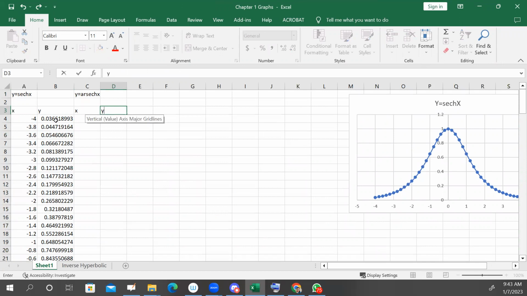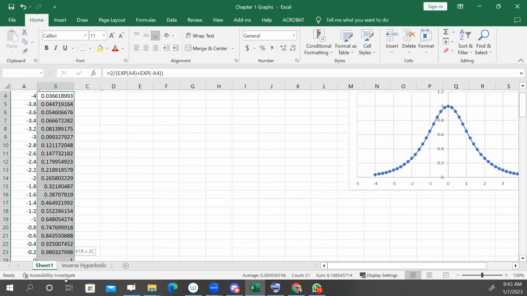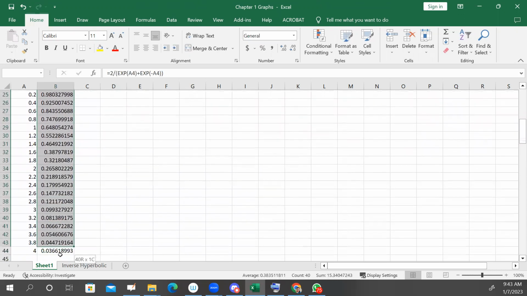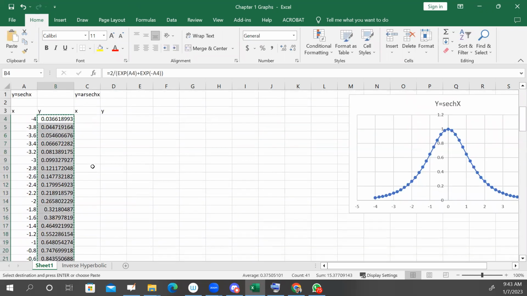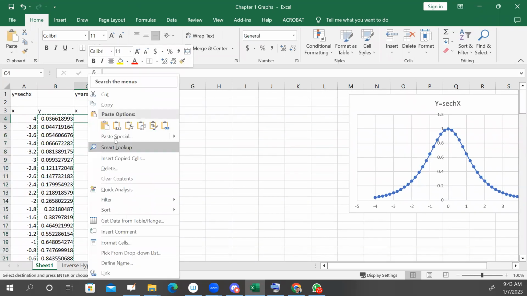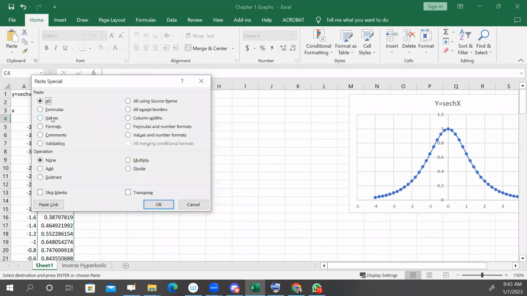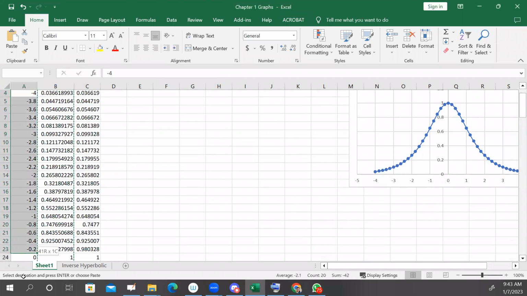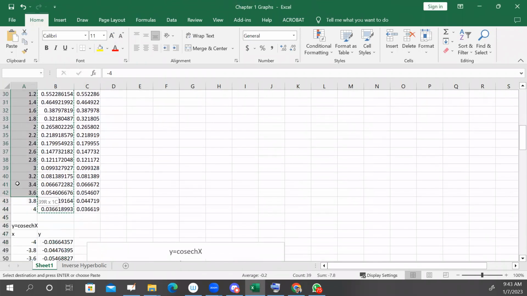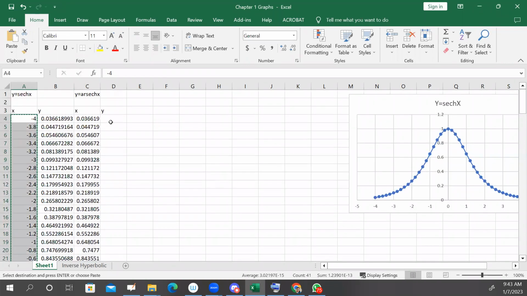Okay, guys. So here the y coordinates are going to become the new x coordinates. Okay, and the x coordinates are the new y coordinates.